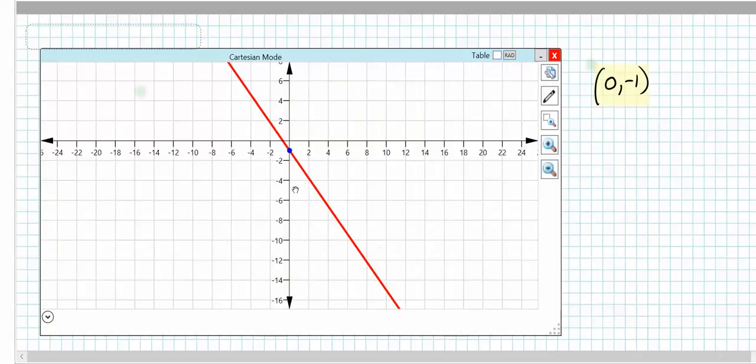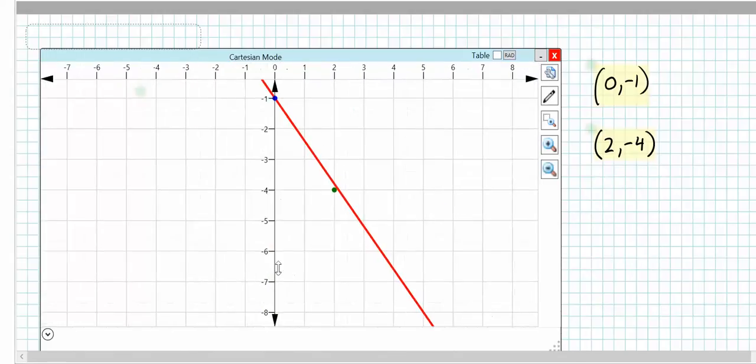Let's see here. Is that point on there? Nope, that point's not on there. Let's erase that one. 2, comma, -4? Is that on there? That point is not on there. Do you guys see another point that could be on there?